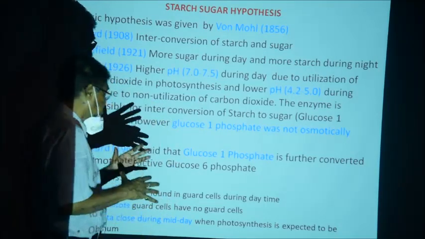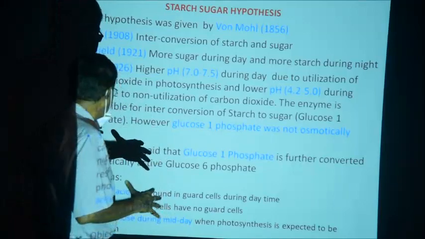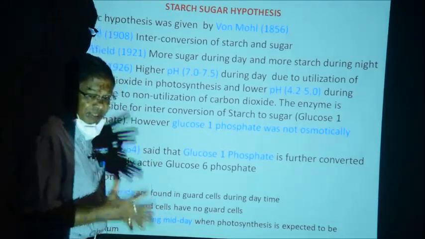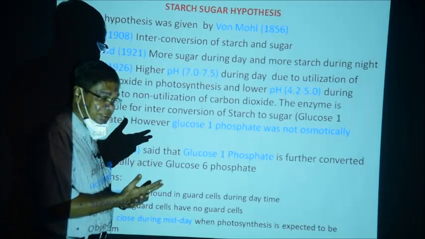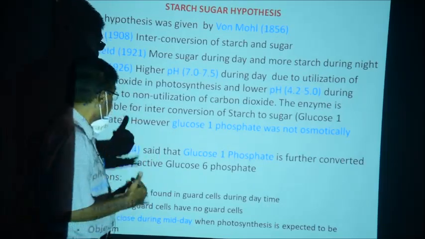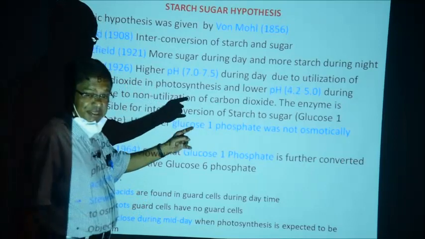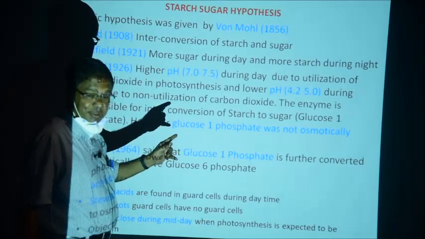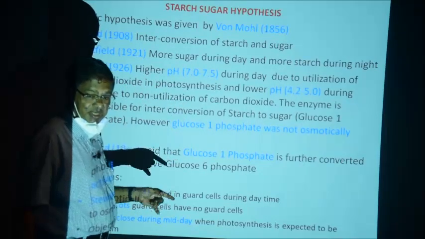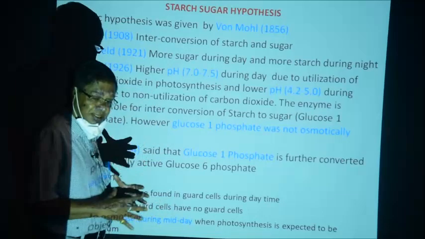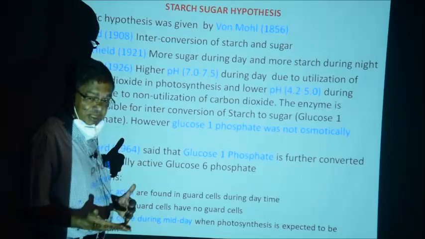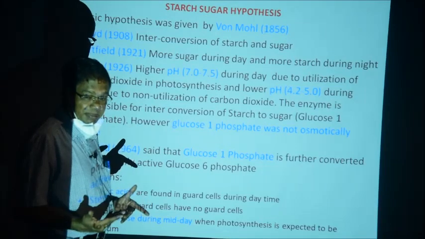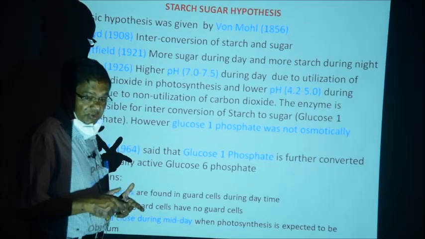Sayre, in 1926, gave the idea that when starch is converted to sugar, the pH remains 7.7 to 7.5 in the guard cells, and during night when sugar is converted to starch, the pH remains 4.2 to 5.